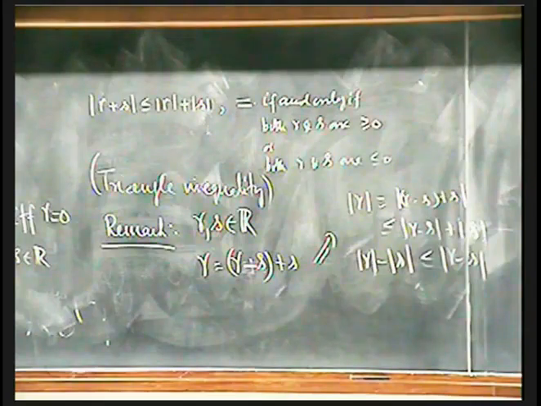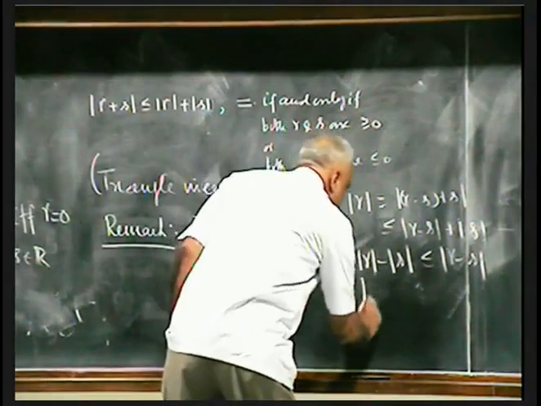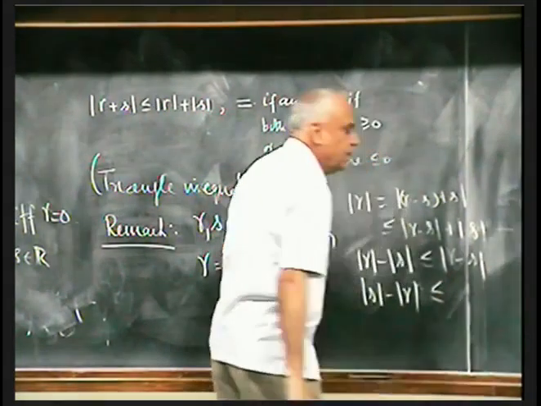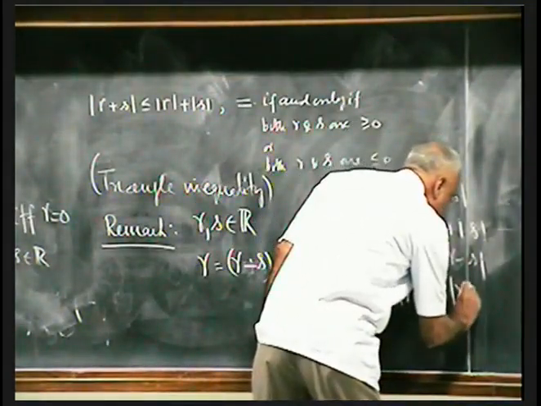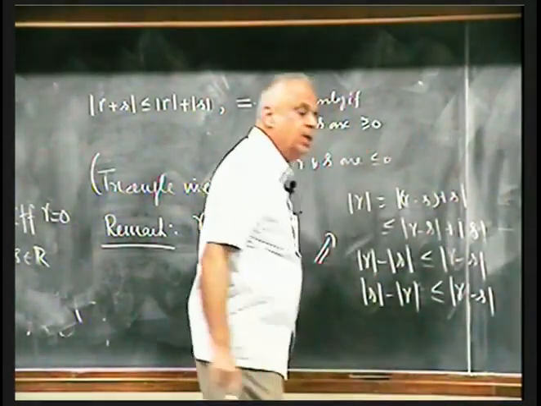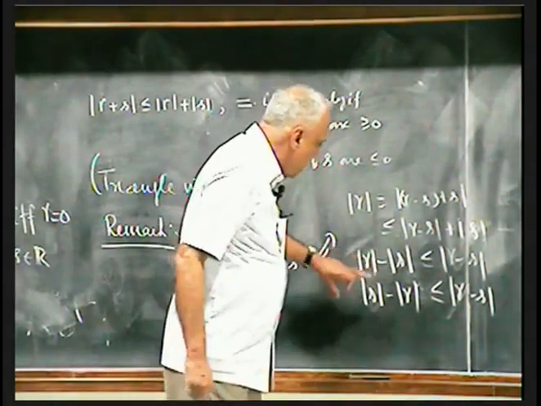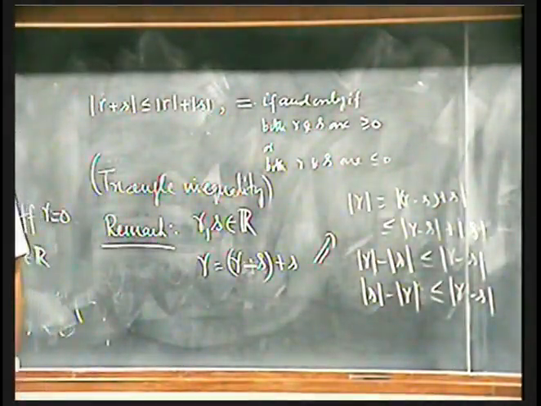Now if we interchange s and r, what happens? Absolute s minus absolute r is less than or equal to absolute s minus r, which is minus 1 times r minus s, but minus 1 comes out as mod of minus 1, which is 1. So both this number and its negative are less than or equal to mod r minus s.